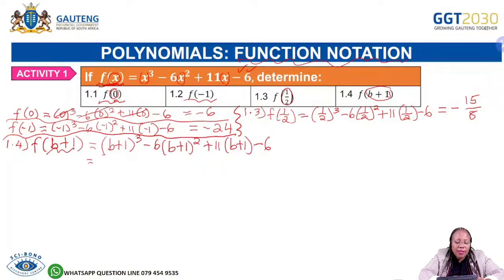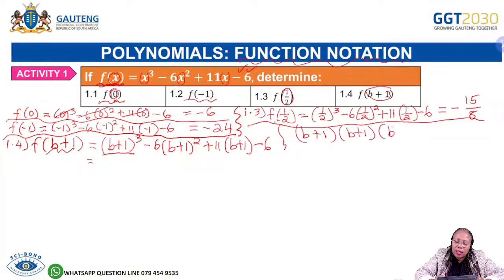The answer that you are going to calculate here will be in terms of b. And then this first bracket here means you are calculating 3 brackets of b plus 1. So now we are basically having 3 brackets here. That is b plus 1, a b plus 1, and a b plus 1 because it is exponent 3. So now we're going to leave the first b plus 1 and multiply these two now, Grade 12.